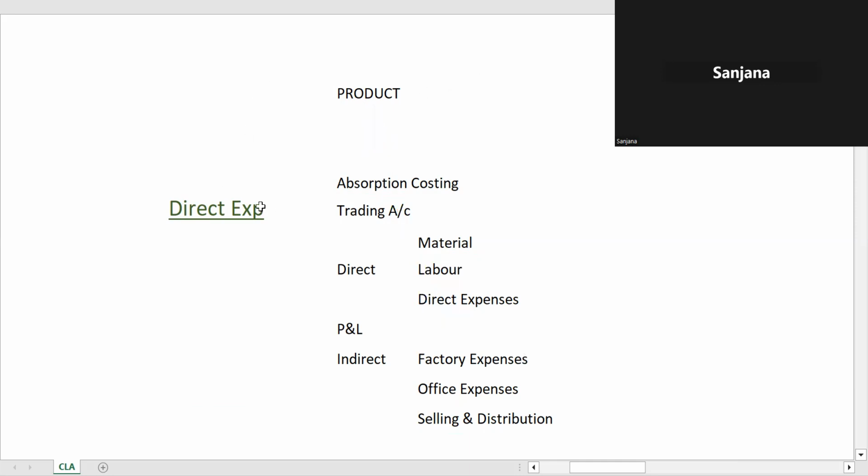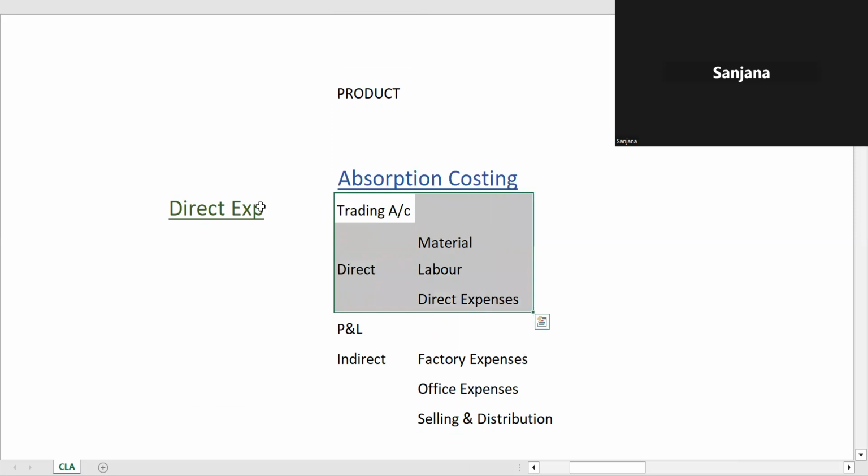तो चलिए, ये चीजें हमने देखा. What did we learn here? That for absorption costing, which is the general method of costing, यहाँ पे जो है आपका, anything which we show in trading account is direct, P&L is indirect, ओके. As per the pure definition of cost accounting of direct expense and indirect expense, it is not defined like that. आप ट्रेडिंग में जो आ रहा है वो है, ऐसा नहीं है, ठीक है.